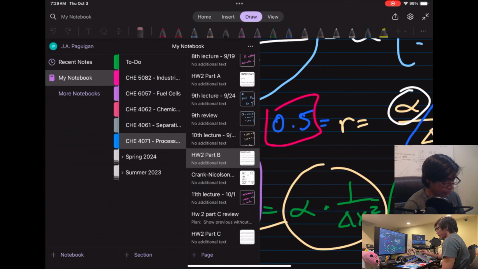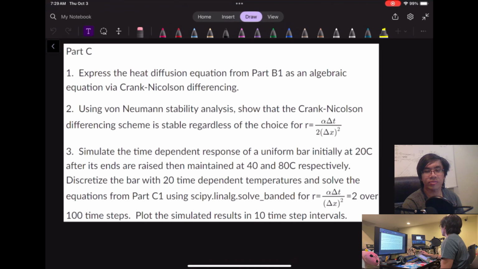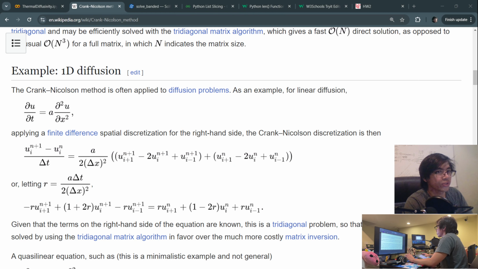So I think I posed a question at the end of the last video saying if we're actually limited by this R value, and the answer is no. There's something called Crank-Nicolson differencing. And if I switch over to the Wikipedia here, you can see that this is pretty much our equation, except now we're taking an average where it's not just the current time, now it's the next time period as well, and now we're summing the two together, so now it's an average.